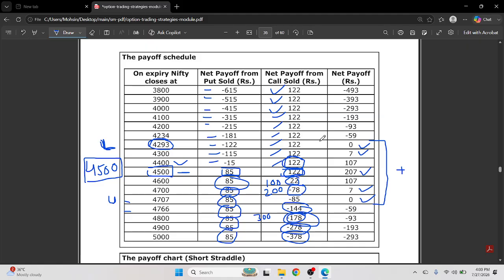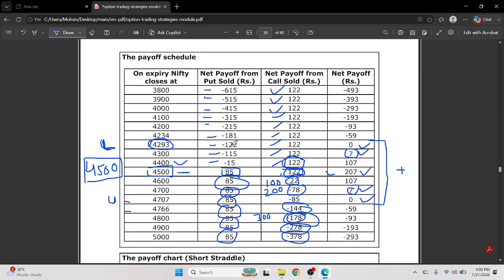So if the market remains in this area, we'll make at least something. If the market expires at the same level, you'll make the maximum profit. But if the market becomes volatile and breaks either side, then you have the unlimited loss.